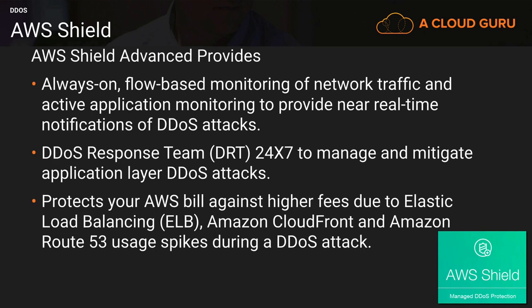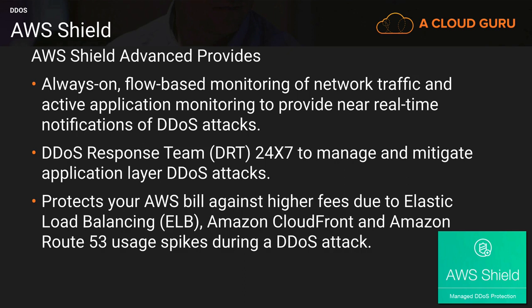So what does Shield actually give you? Well, it's always-on flow-based monitoring of network traffic and active application monitoring to provide you with near real-time notifications of a DDoS attack. You also get access to the DDoS response team, who are there 24/7 to help you mitigate your application layer DDoS attacks.